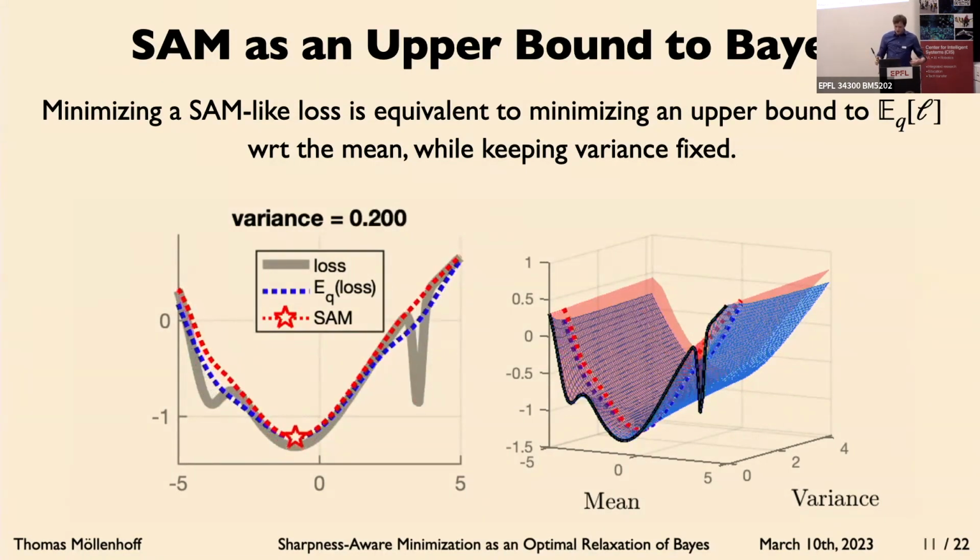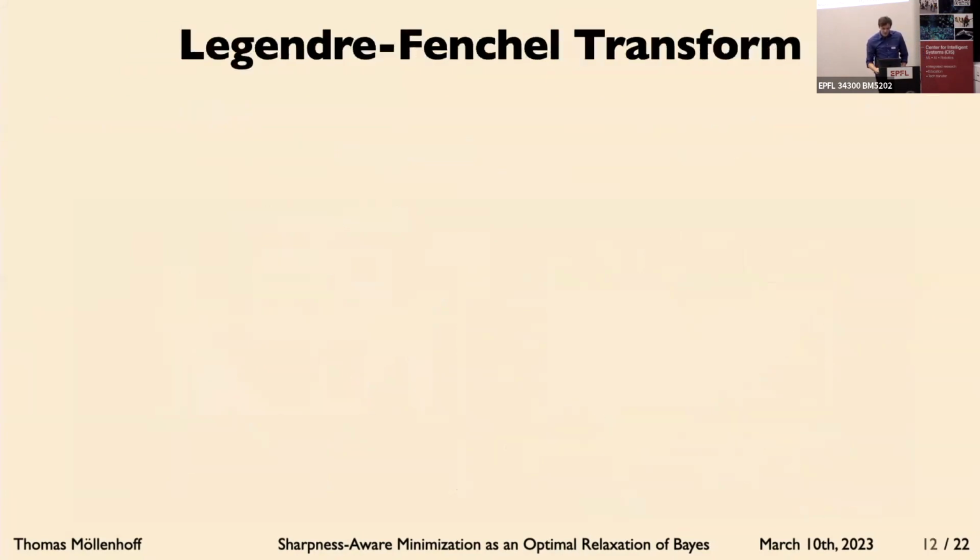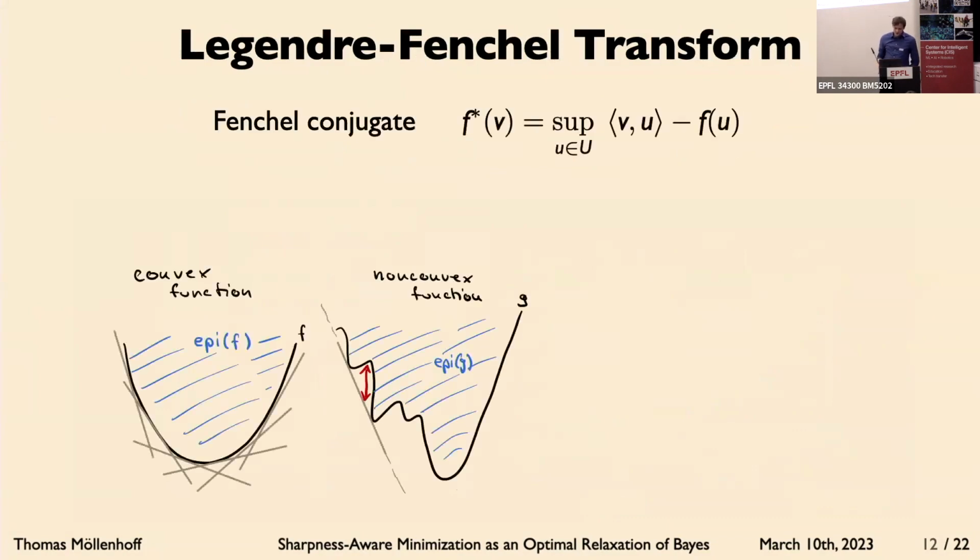And how did we obtain this upper bound in practice? We obtained it using a tool called the Legendre-Fenchel transform. The main idea of this Fenchel transform is to represent a convex set as an intersection of half spaces. For convex sets, you can always support them with half spaces, and we get a dual representation of our convex function.